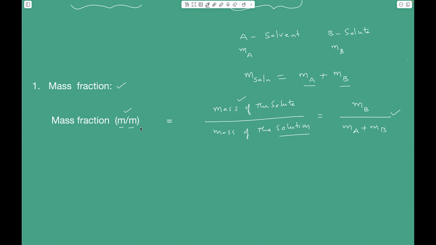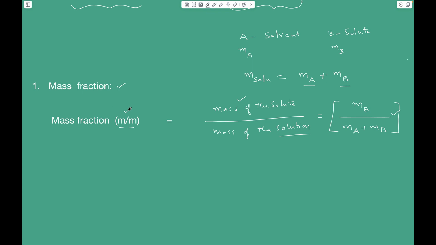And because mass is independent of temperature and pressure, the ratio of masses is also independent of temperature and pressure. Therefore, the mass fraction of a solution is independent of temperature and pressure. It does not change with temperature and pressure, or it is the same at all temperatures and pressures.